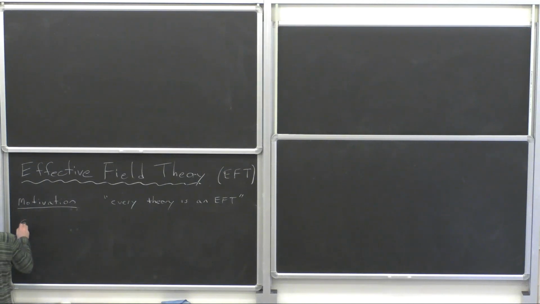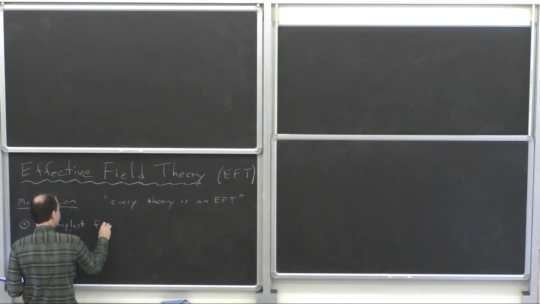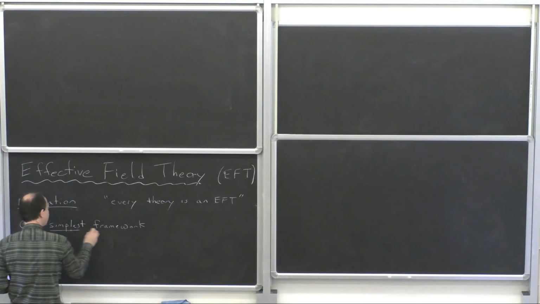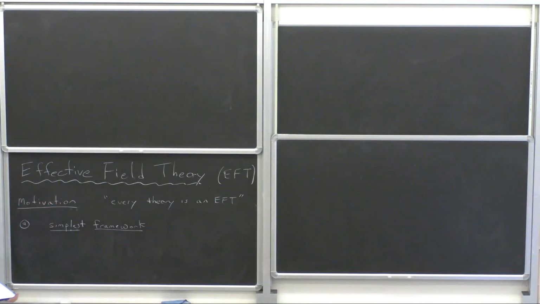So the first motivation is that when we do effective field theory, we want to think about the simplest theory. Maybe not the most complete theory, but the simplest framework to describe the physics we're after. We're lazy.